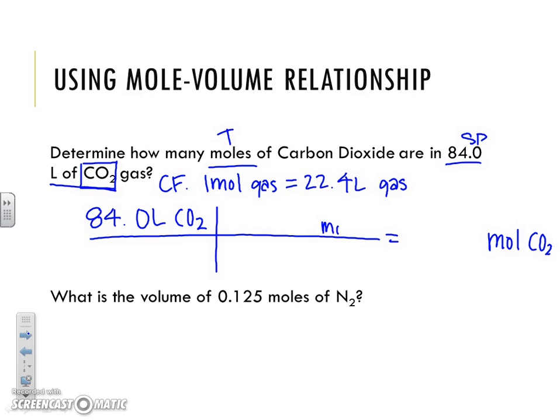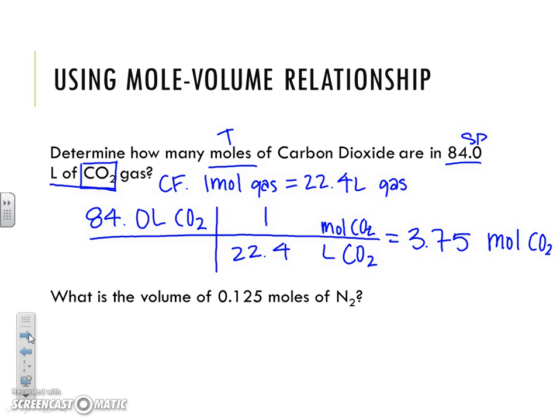So we're going to need to have moles of CO2 on top and liters of CO2 on the bottom. If we look at our conversion factor, that means we're going to use 22.4 liters on the bottom and 1 mole of gas on the top. So to solve this, I could multiply the top and then divide by the bottom, which winds up being 84 divided by 22.4, which gives me 3.75 moles of carbon dioxide.